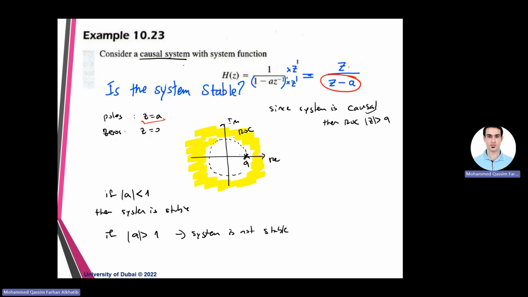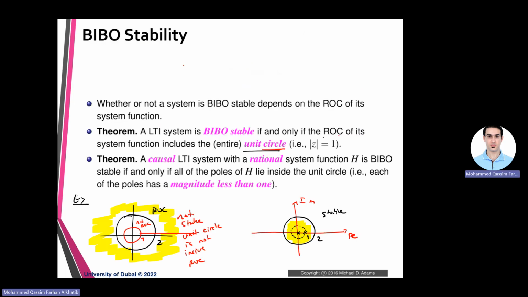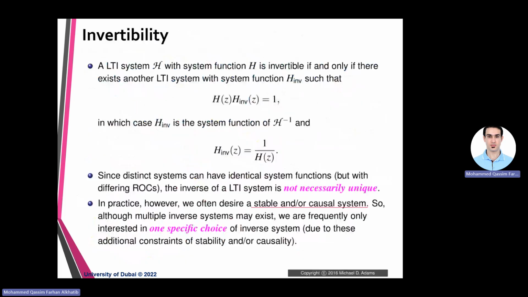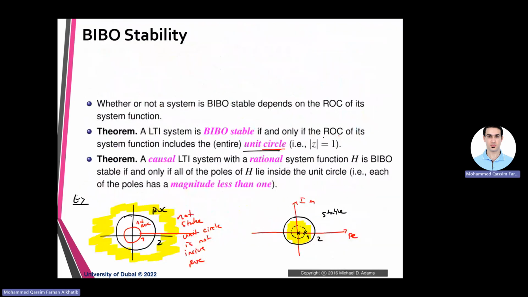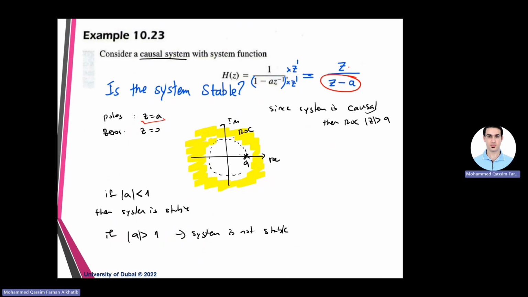Since the system is causal, a rational system is causal if all poles are inside the unit circle. So here it is assumed that since the system is causal, all poles are inside the unit circle. So in this case, it is stable.